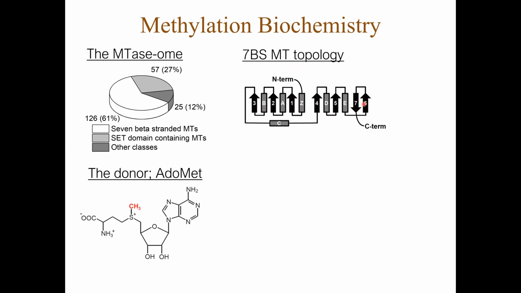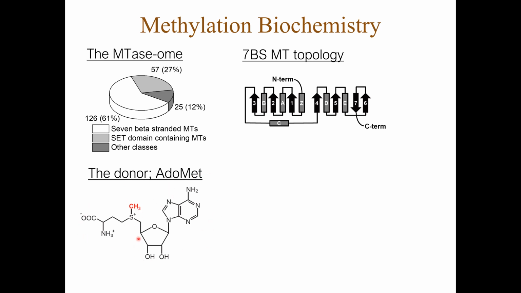And all of these methyltransferases, they use the same methyl donor, the same molecule to donate methyl groups, which is called S-adenosylmethionine or just AdoMet. And this molecule is synthesized from methionine and ATP. So it has this methionine moiety to the left and an adenosyl moiety to the right.